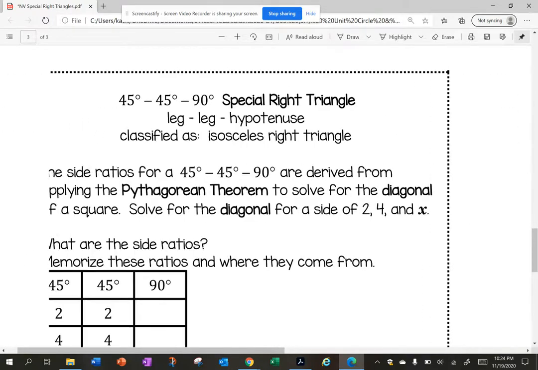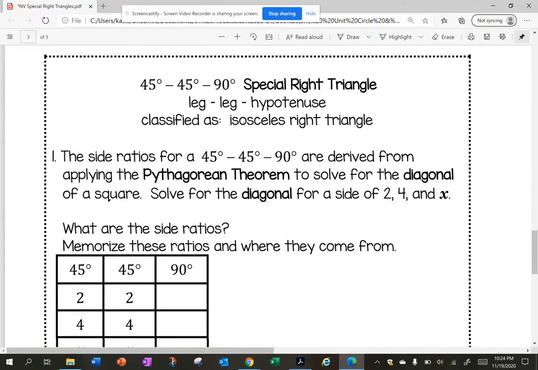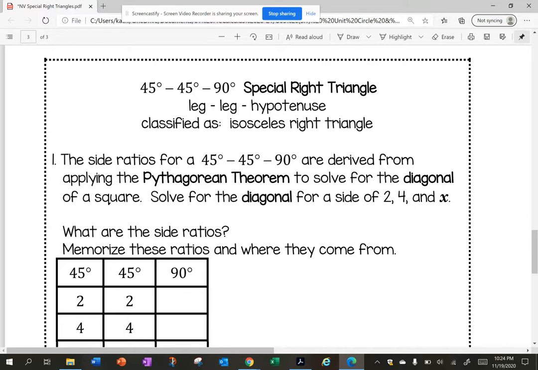Because I don't actually memorize them, I just know where they come from, so when I don't work with it for a while, I can generate the ratios. I don't have the numbers always memorized. Okay, so just to go with more academic vocabulary, since I have two equal angles, that means I also have two equal legs, so a 45, 45, 90 triangle is classified as an isosceles right triangle.